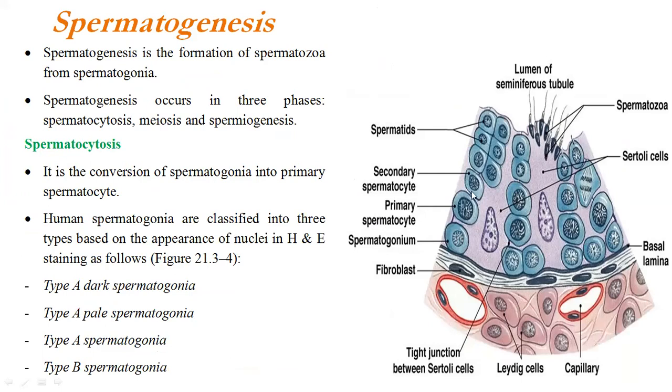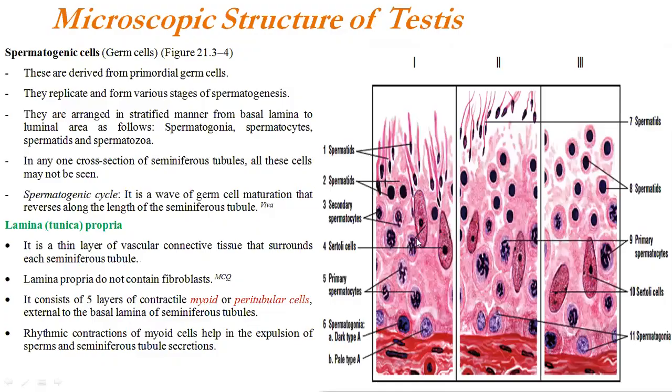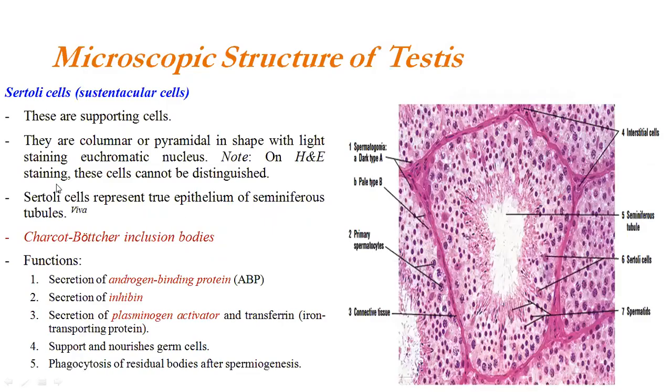That means these are all developing spermatogonia. In between the developing spermatogonia, from here till the lumen, you have only one cell, which is quite lengthy. That is the Sertoli cell. In the histological picture also, these big nuclei containing cells are nothing but Sertoli cells.